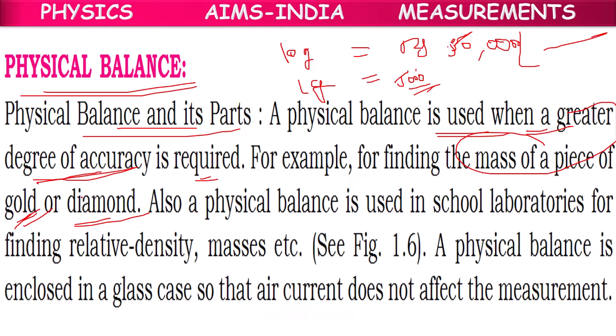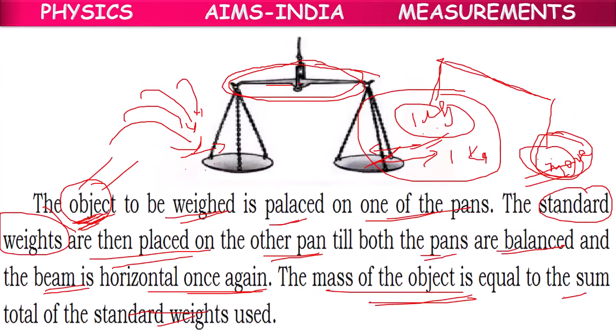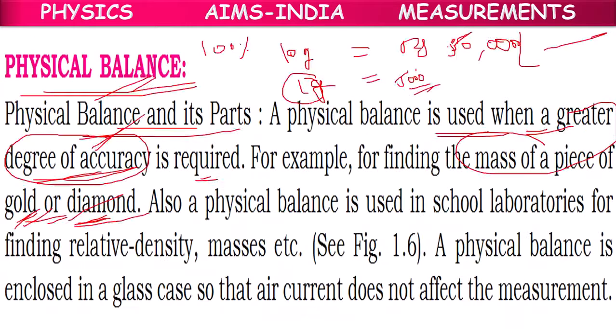Or if the measurement is 1 gram less, 5,000 rupees will be lost to us. That's why for measuring gold or diamond, we need a great degree of accuracy. We need a 100% correct value. So we use the physical balance instead of this common balance.